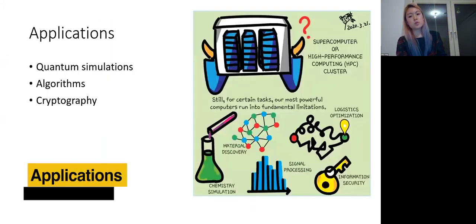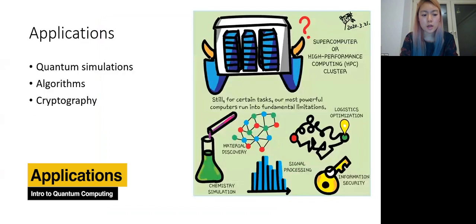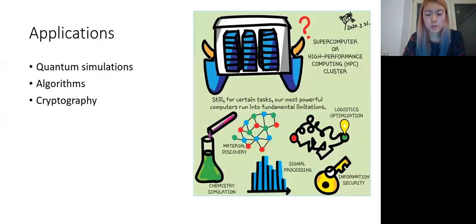Those problems include a lot of things that rely on the fundamental behaviors of nature. Things like chemical simulations or discovery of new materials. Those fundamentally are quantum mechanical. That's the interactions between molecules and fundamental particles that are so small and they work in a quantum mechanical way. Our classical computers may run into limitations when we're trying to capture the behaviors of those systems.